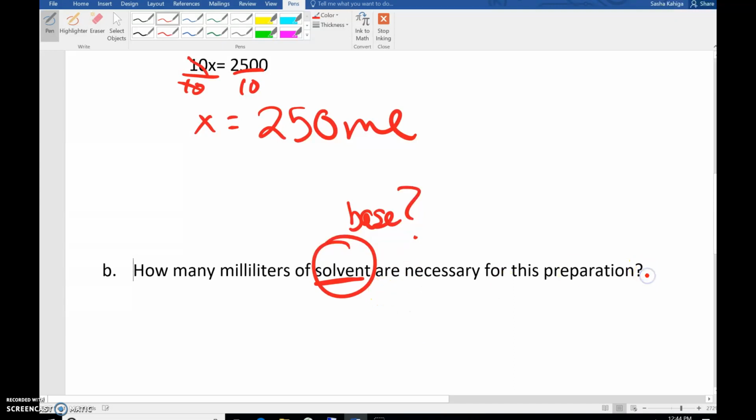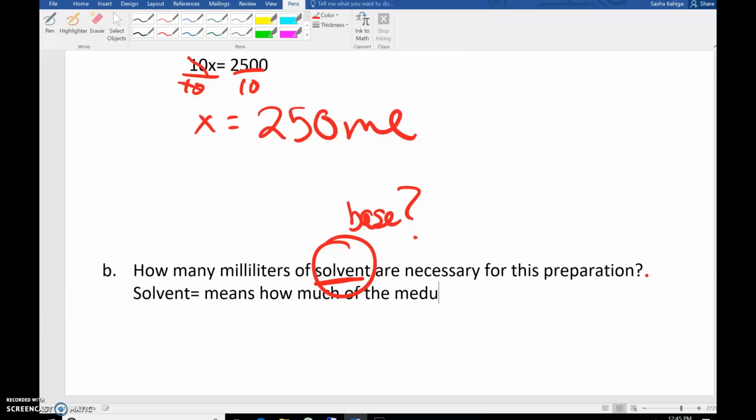That base can be anything. It can be water. It can be normal saline. It could be whatever it is. So whenever it asks for the solvent, solvent basically means how much of the medication is base.